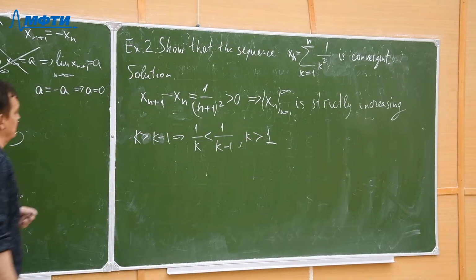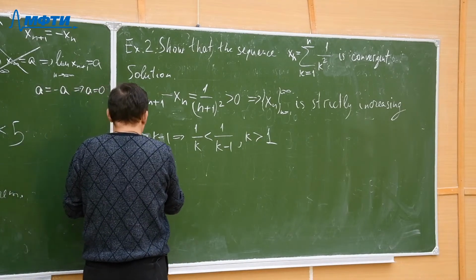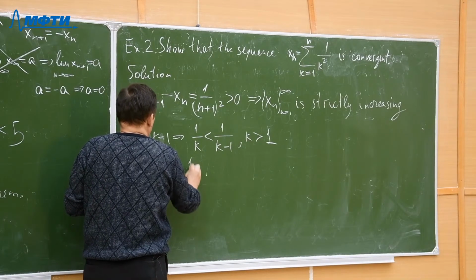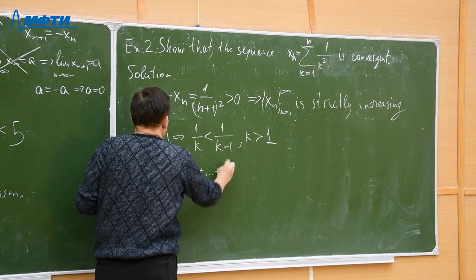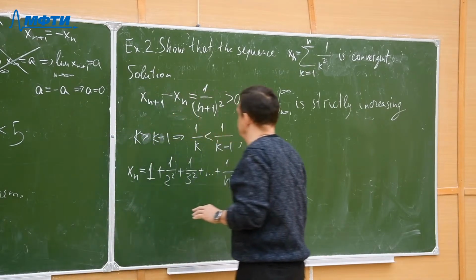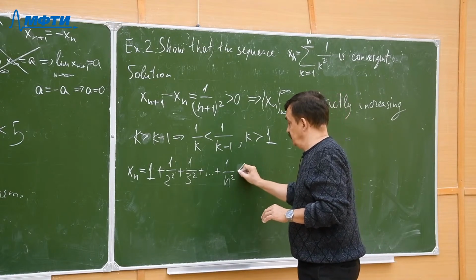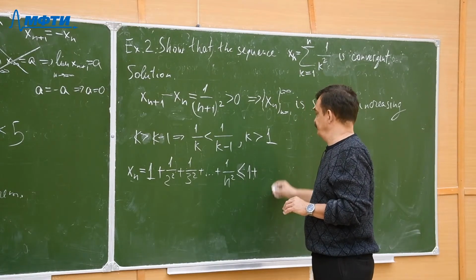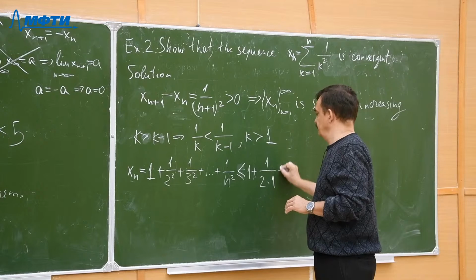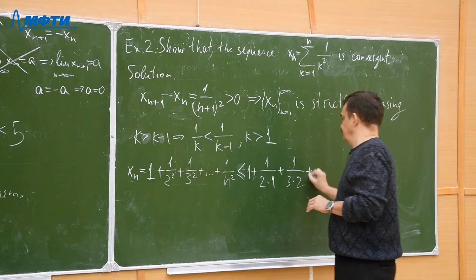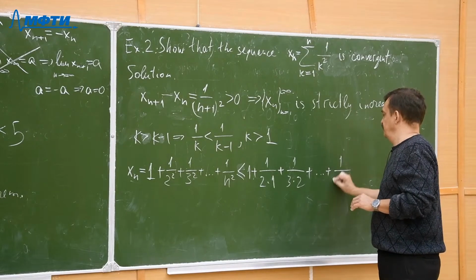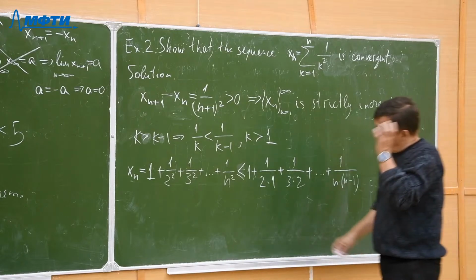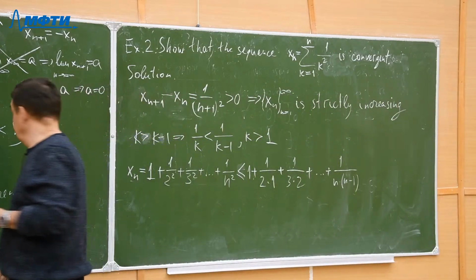Then, how can we proceed? x_n equals 1 plus 1 over 2 squared plus 1 over 3 squared plus so on plus 1 over n squared. Now we can estimate it like that: less or equal 1 plus 1 over 2 times 1 plus 1 over 3 times 2 plus so on plus 1 over n times (n minus 1).